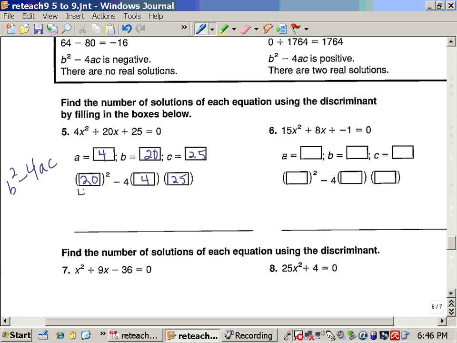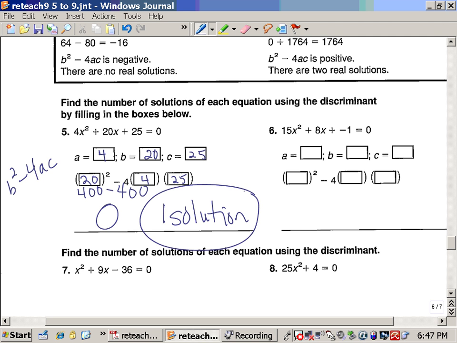And you could put this in your calculator. 400 minus 4 times 4 is 16, and 16 times 25 is 400. Now this discriminant is going to be 0, and when the discriminant is 0, you will get one solution because you've got two of the same solutions.